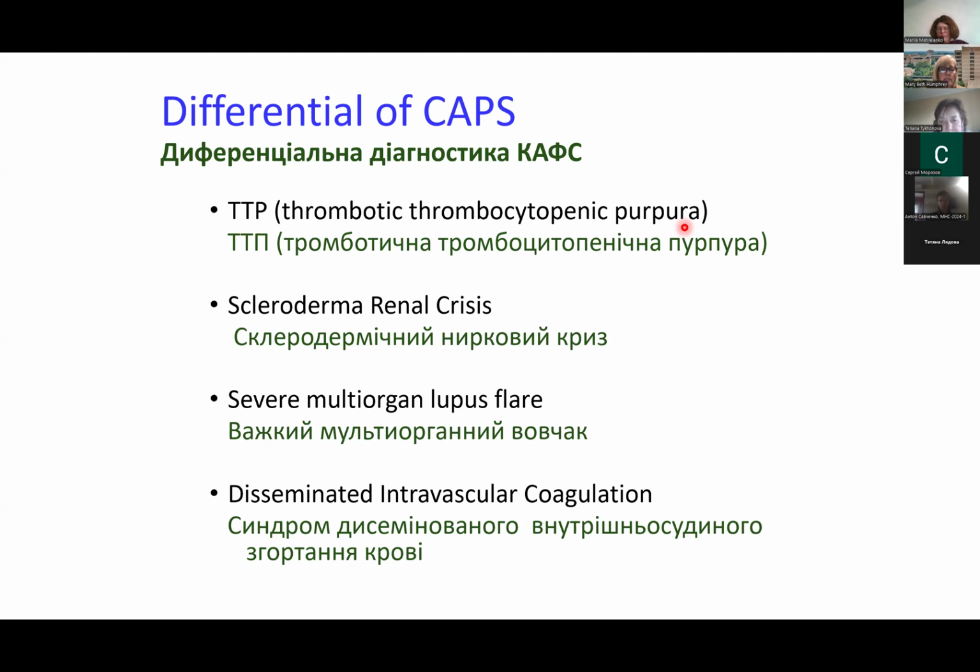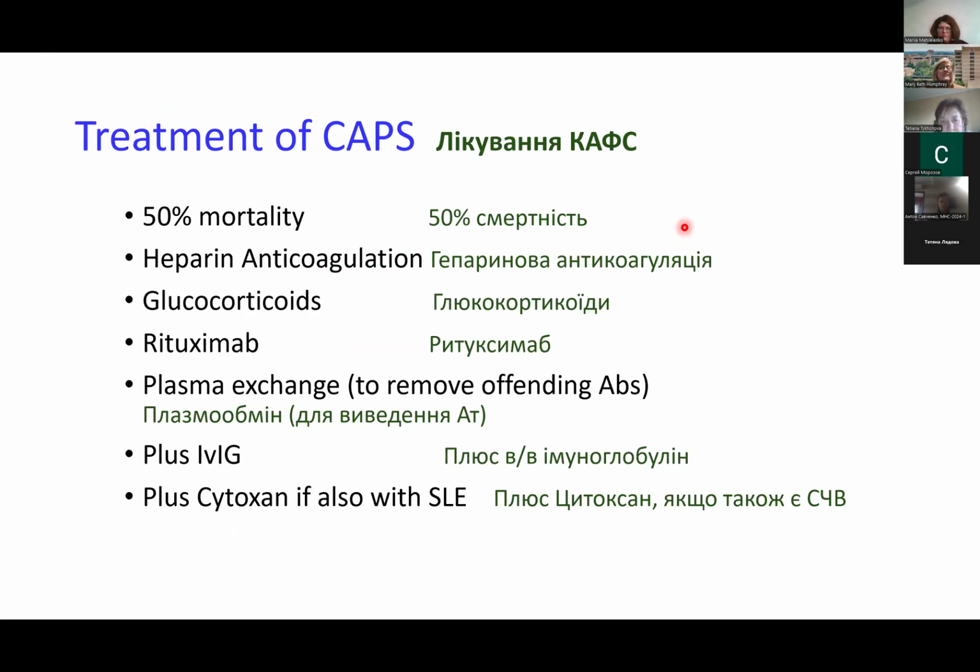And then disseminated intravascular coagulation that could come from sepsis or trauma or severe tissue injury. All right, so unfortunately, 50% of patients with CAPS will die from their CAPS.